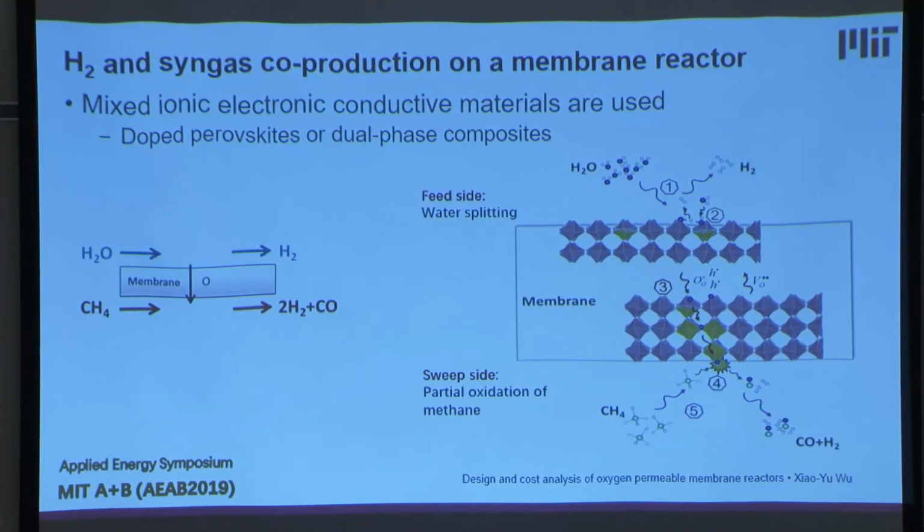There are two products: one is from the water side, and another is from methane conversion. So for high purity hydrogen, we look at the water side, which can derive very high purity hydrogen. And for the methane side, this syngas is for methanol production using a catalytic reactor. So they have different applications.